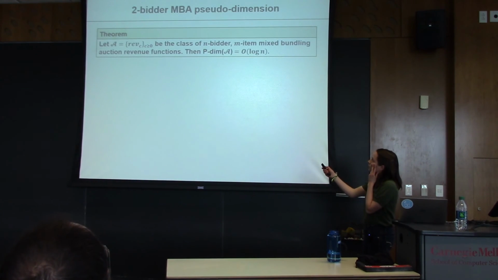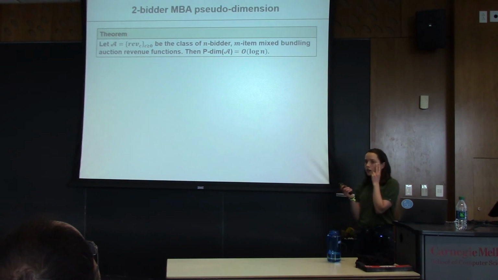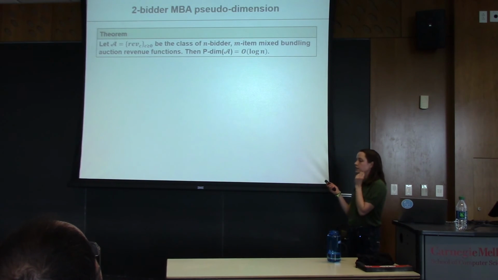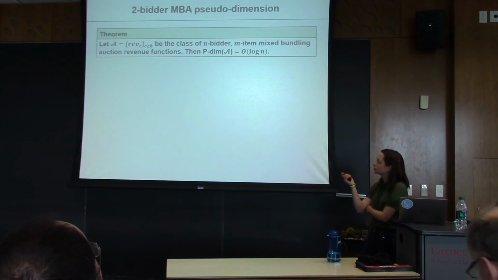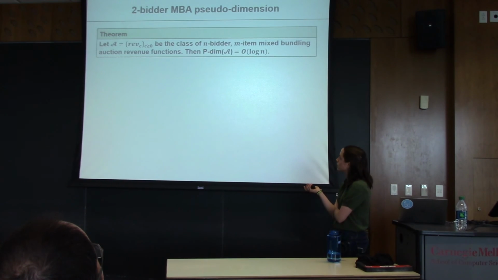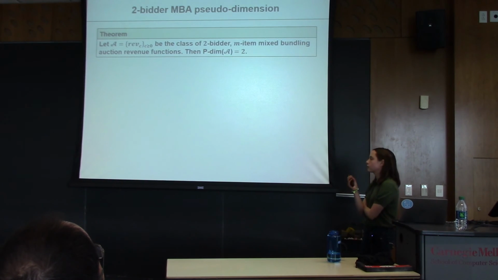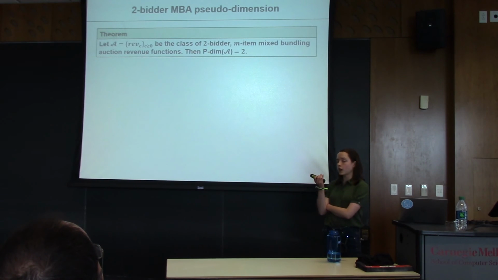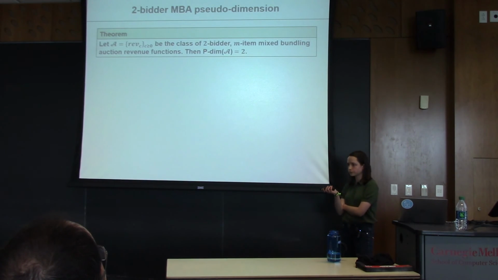We were able to show that the class of n bidder, m item mixed bundling auctions has pseudo-dimension log n, which is interesting, especially because this bound doesn't even depend on the number of items. But what I can show, basically proof by pictures, is that a 2 bidder, m item mixed bundling auction has pseudo-dimension 2.